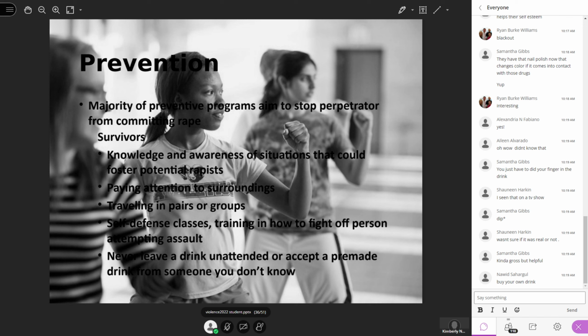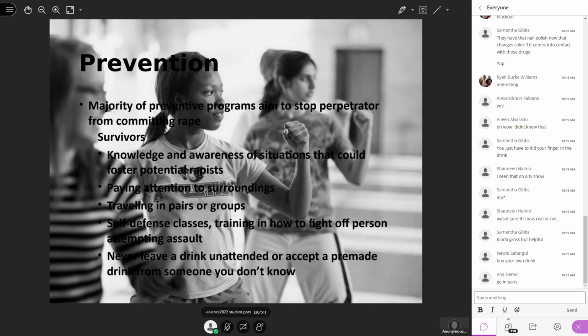All right, prevention, and I think we talked about this. What are some strategies in addition to what I've listed here? We want to make sure that we know how to keep us safe. What are some of the things that we could do on campus, off campus? Go in pairs, yeah.